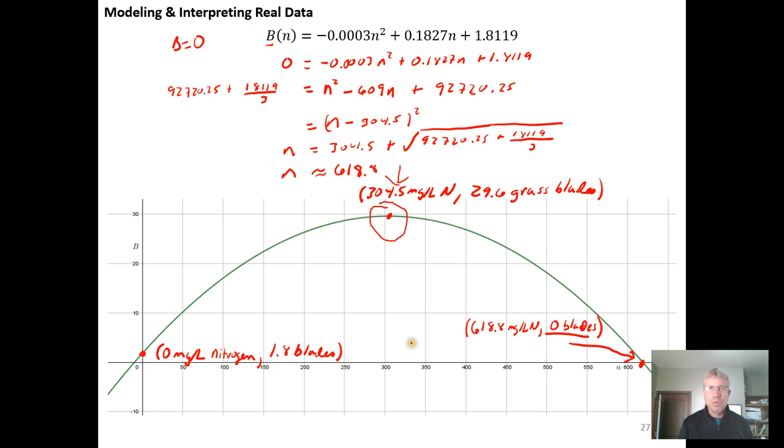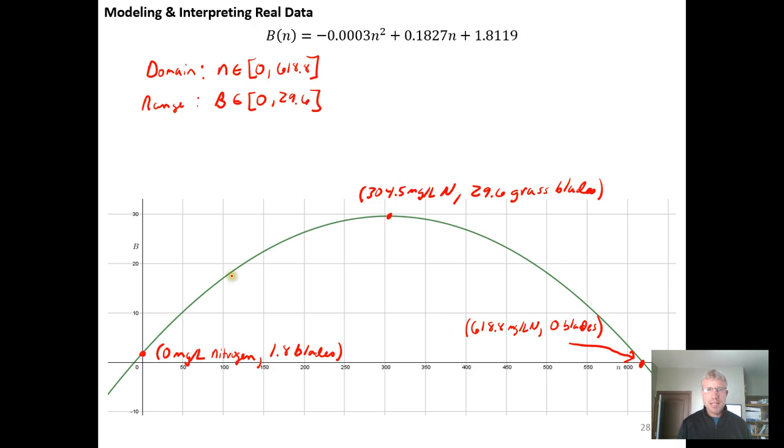And the last thing I could do is take these intercepts that I found and identify from them a contextual domain and range for the model. So the domain is all about what my nitrogen can be, and I can see that for my model, the first thing that makes sense is 0 milligrams per liter of nitrogen, and I kill the plant at 618.8 milligrams per liter.